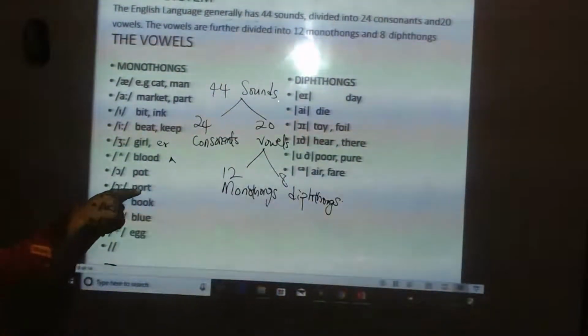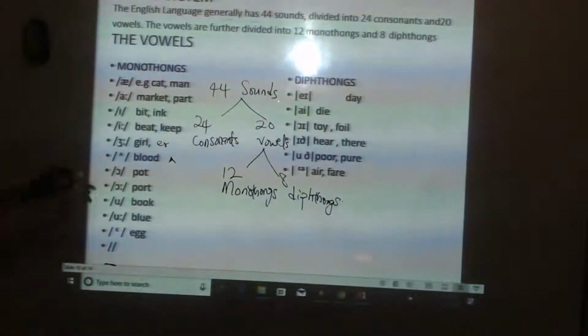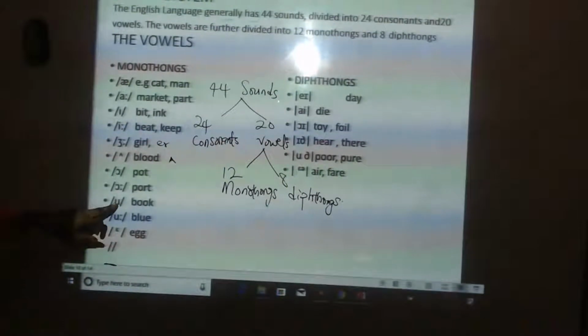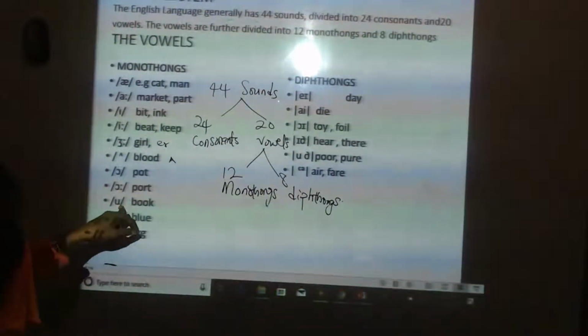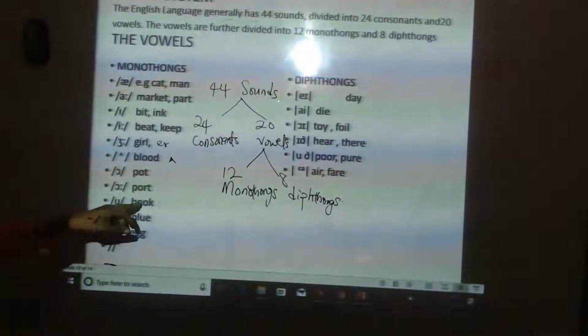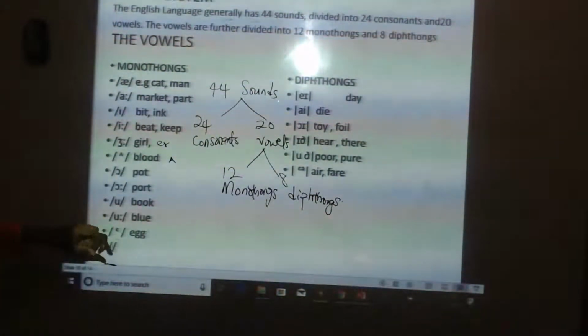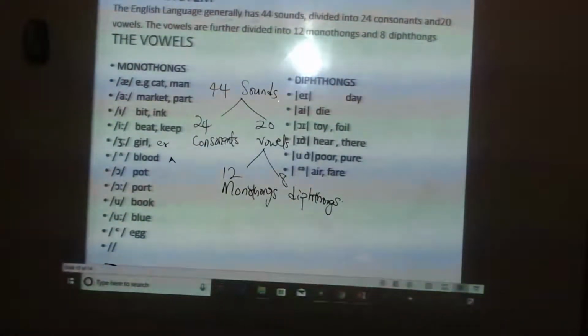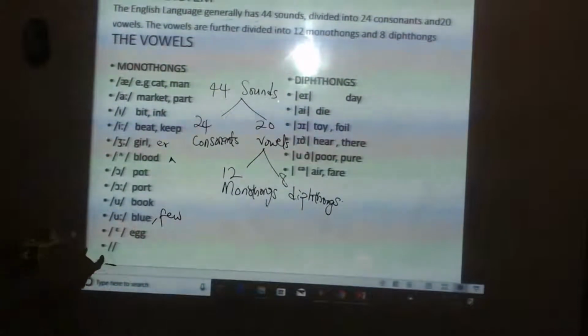This is pot for cooking and port, where ships dock. Next, we have our short u sound, for example, book. And we have the longer u sound, oo, for example, blue or few, oo sound.